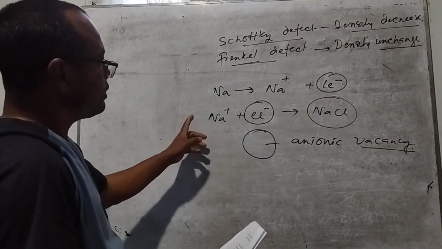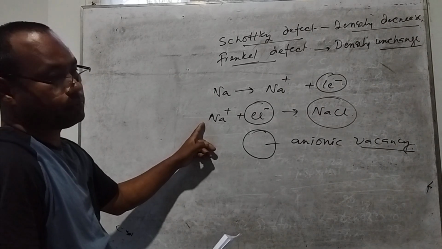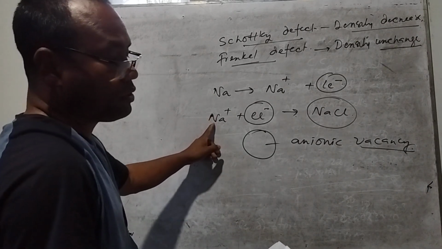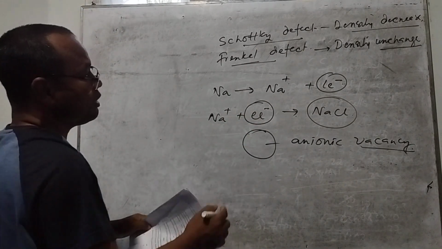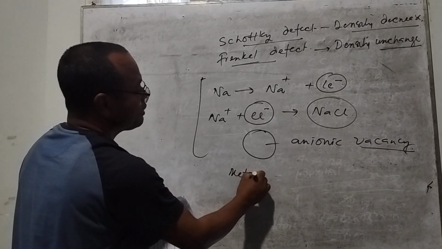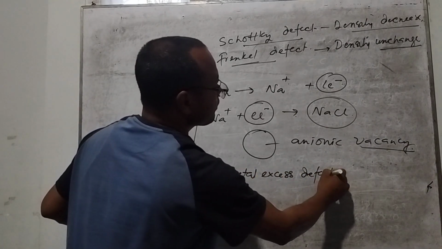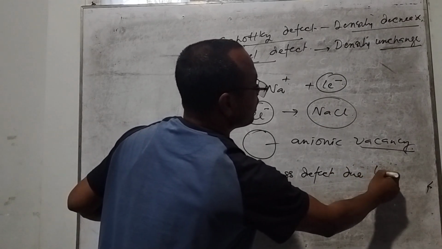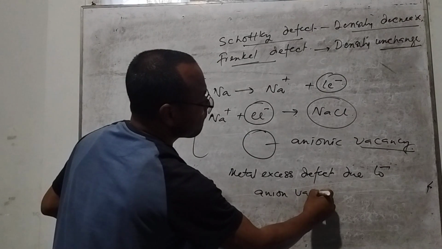Comparing the number of negative charges and positive charges present, the number of positive charges is higher than the number of negative charges. Therefore, this type of defect we call metal excess defect due to anion vacancies.